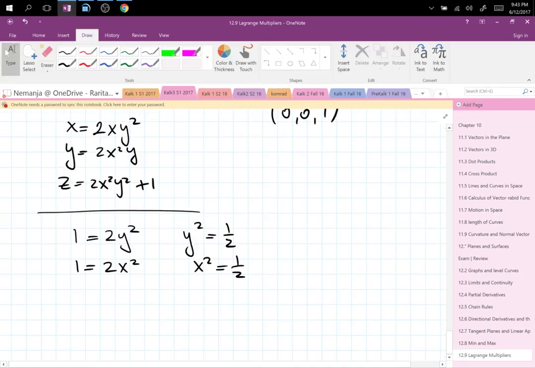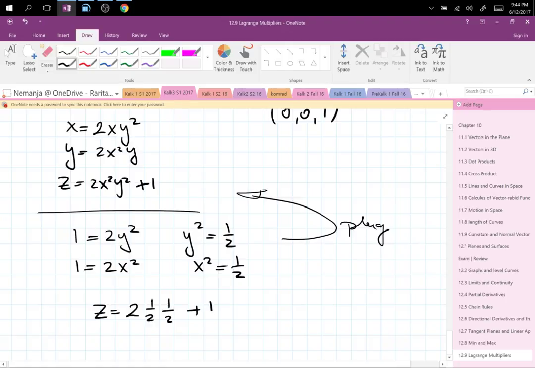And now when we plug that in the third equation, we get z equals 2 times 1/2 times 1/2 plus 1. So z equals 3/2. How did you get those?